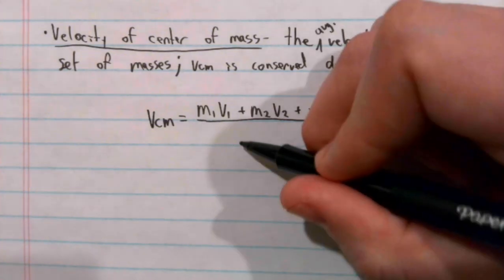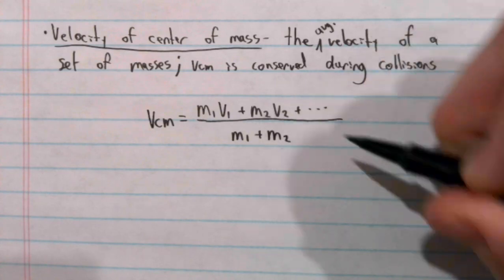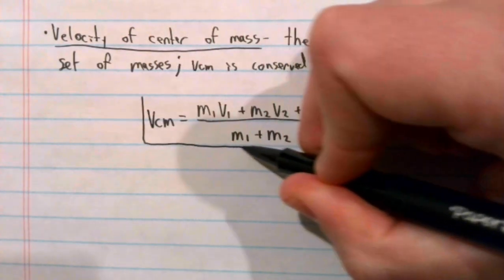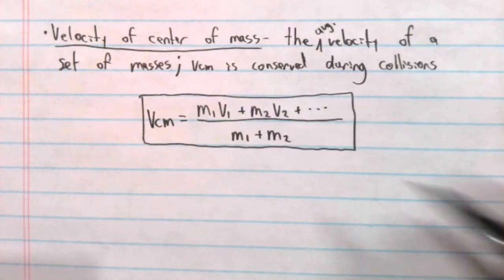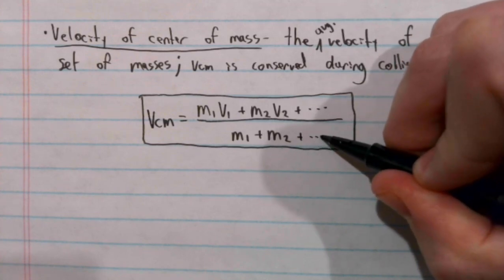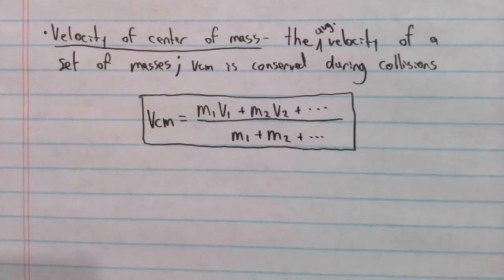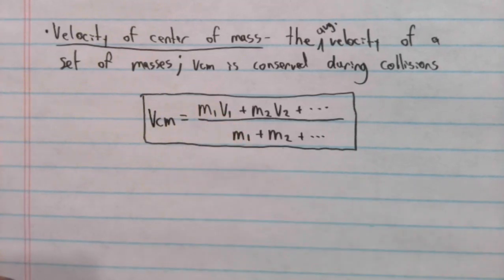And in the denominator, same thing as that first equation today. So velocity of center of mass is again a weighted average. The more massive objects, don't forget that bottom part, the more massive objects will hold greater influence on this equation because their velocities are multiplied by their masses, and the lesser mass objects will have less influence on the center of mass velocity.